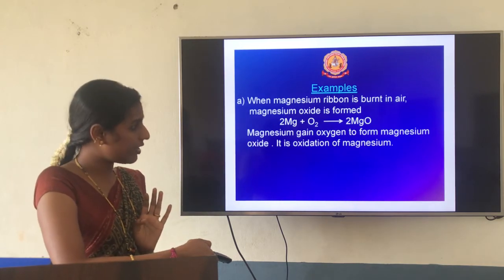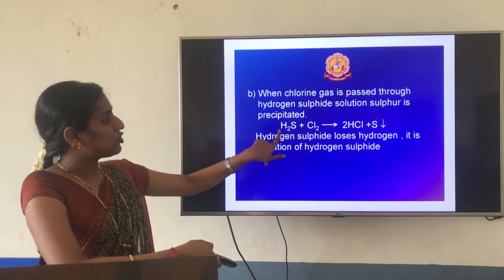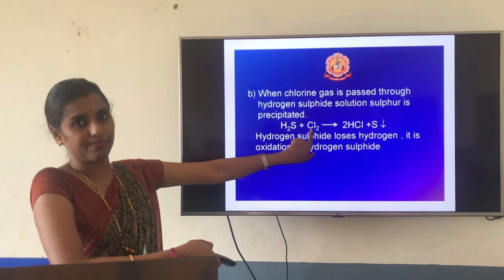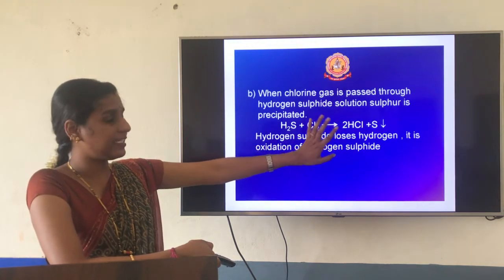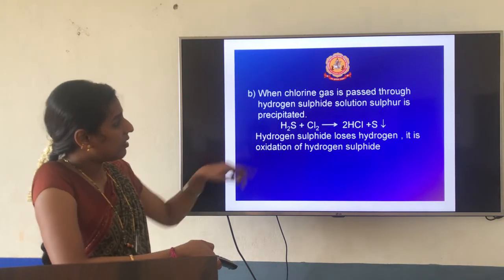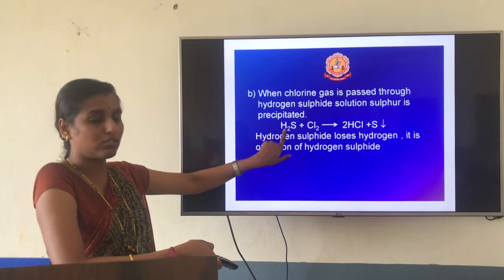This is the procedure where oxidation is taking place. Next, H2S, hydrogen sulfide, reacting with chlorine gas, to get hydrochloric acid as well as sulfur, which you will get as a precipitate. So here, what will happen? The same thing will happen. Oxidation is not only with oxygen, it goes with hydrogen also.